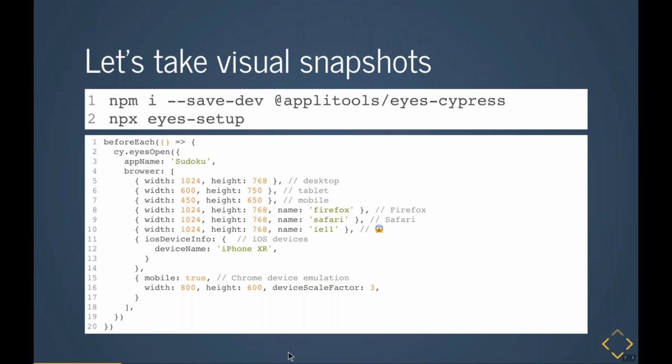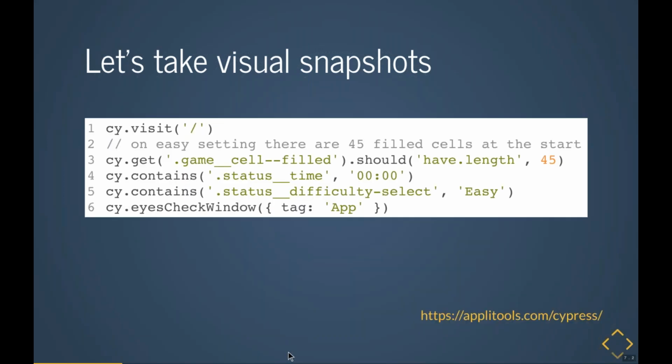So this is the preliminary. We define which screenshots we want to take. Next, in the test, we want to specify some visual tests. Remember those functional tests that we have? We have the checking that it has 45 length and that the status time is in there and the difficulty is easy.